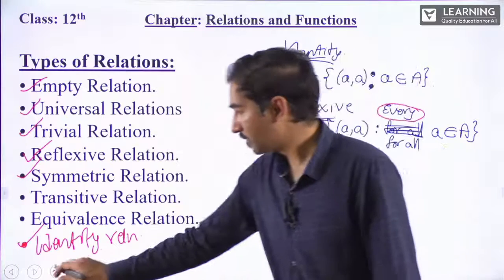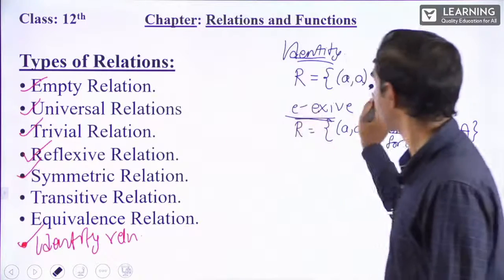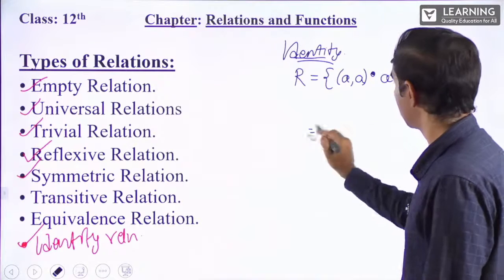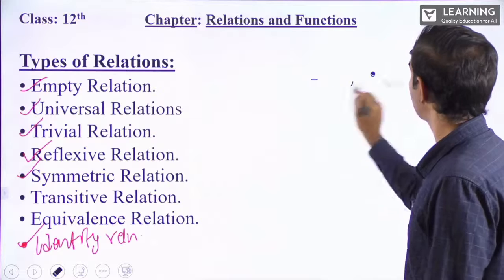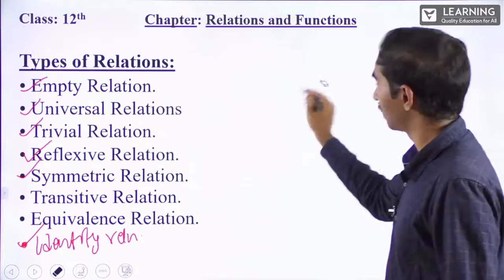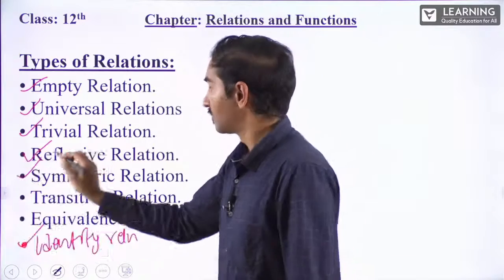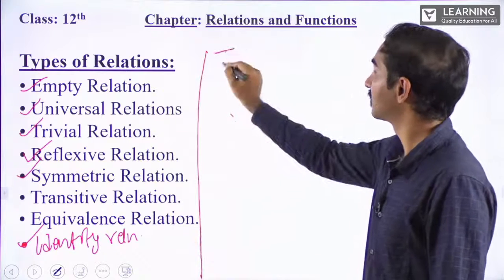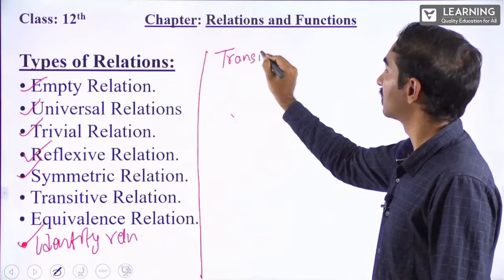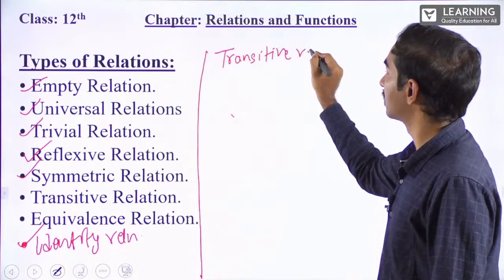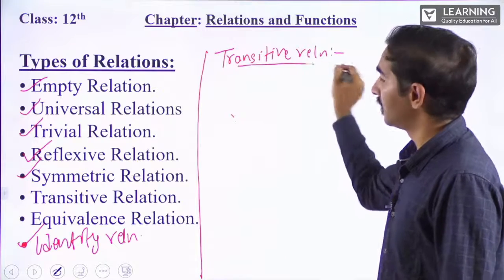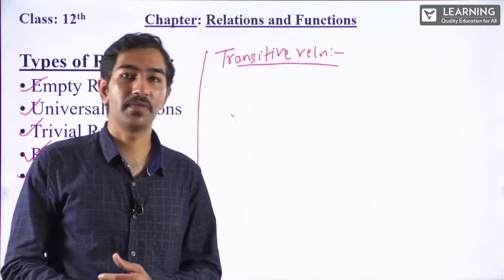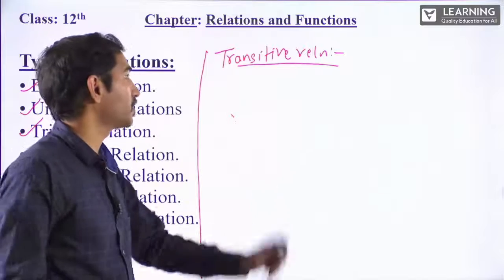All right. So what is a transitive relation? Here we'll see transitive relation. Symmetric we have seen, reflexive we have seen, identity also we have seen. Transitive also is very simple.